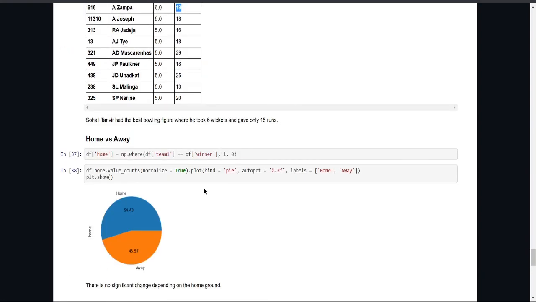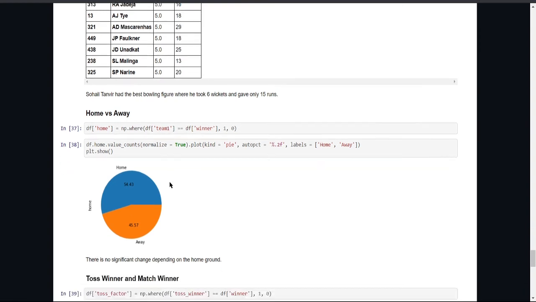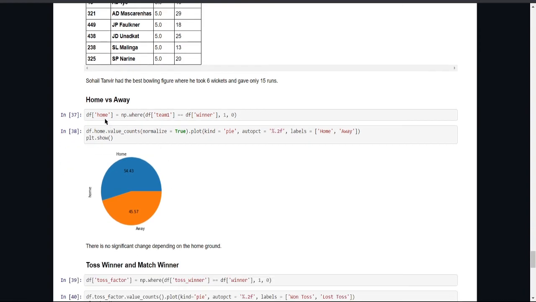Next up, we see what other factors can affect the loss or win of a team. Here you see how the home versus away factor affects the match. You can see that the home team has won 54% of the time and away has won 45%.